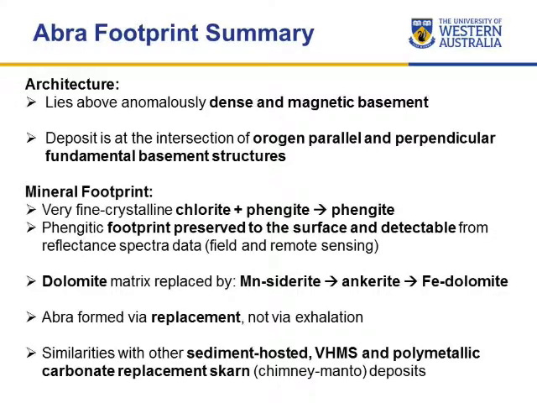So, in summary, Abra lies above an anomalously dense and magnetic basement, possibly at the triple junction of two major fundamental basement structures. It has vertical footprints of very fine crystalline chlorite-phengite alteration, which is phengitic in the distal and more chlorite in the proximal to the deposit.